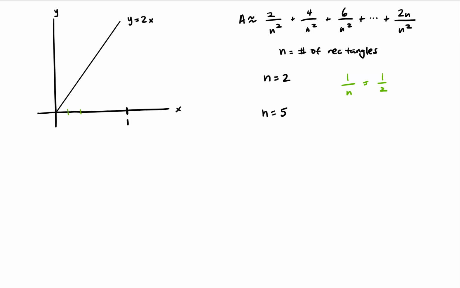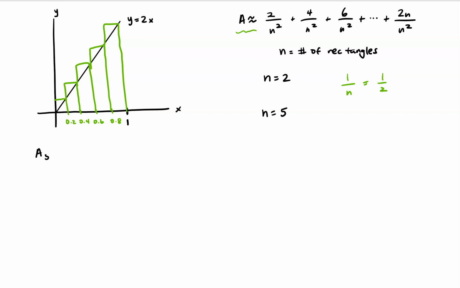1, 2, 3, 4. So this would be 0.2, 0.4, 0.6, and 0.8. And now our rectangles would look something like this, and we pretend those are all evenly wide. My drawing is kind of poor, but now there's not as much area above, and so let's use the approximation formula that we had here.